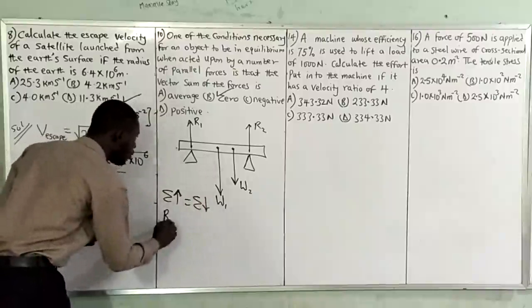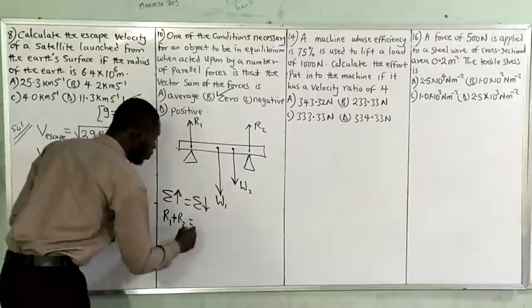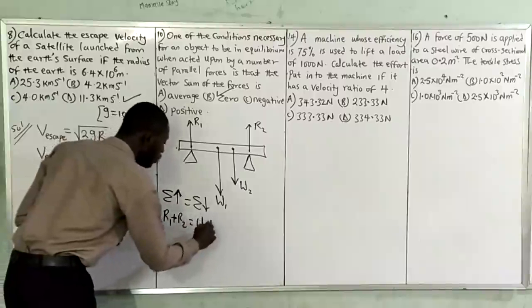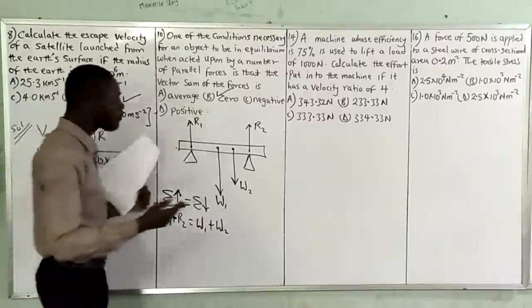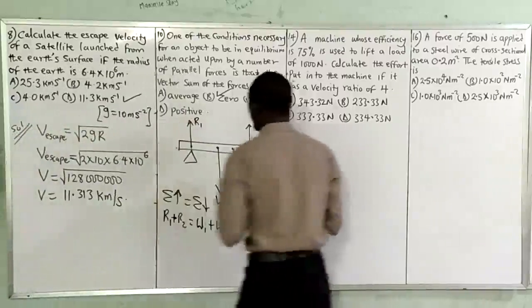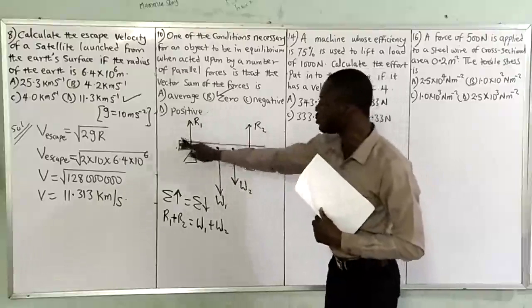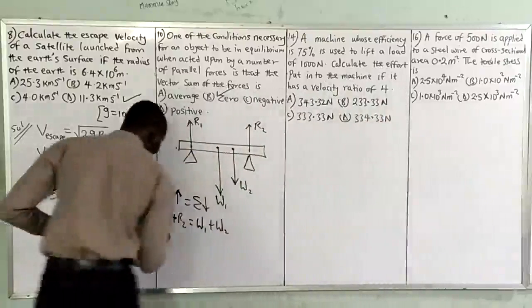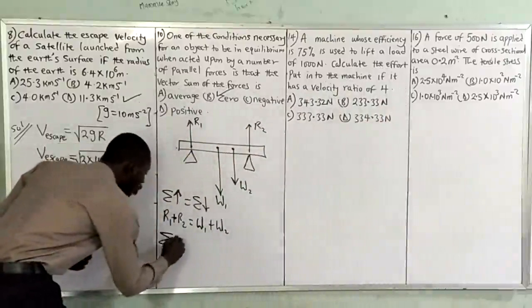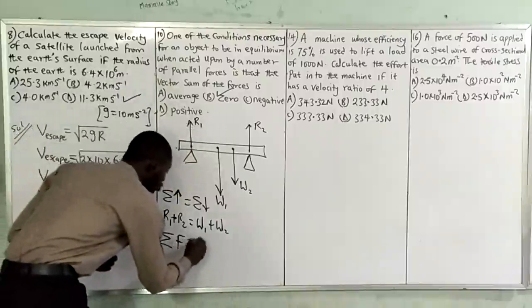Therefore, I can say R1 plus R2 is equal to the sum of downward forces, W1 plus W2. Or better still, I can say that the sum of all the forces acting on this meter rule is equal to 0.